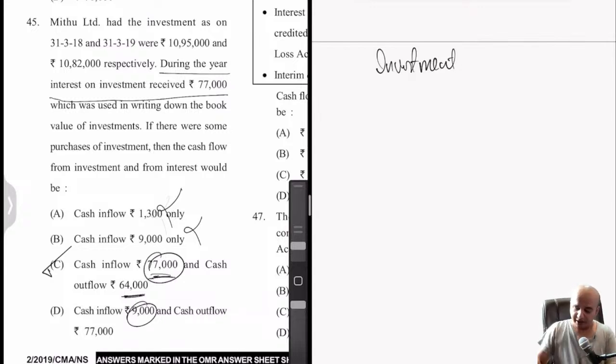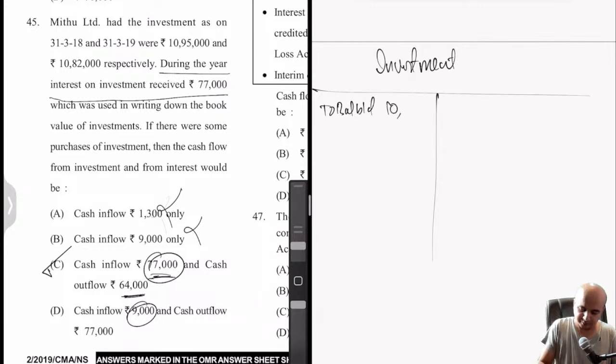Anyway, so now if I have to prepare the investment account, to balance brought down, how much is the opening balance? 1095. By balance carried down, investment is an asset, so therefore it will have debit balance. By balance carried down is 10,82,000.